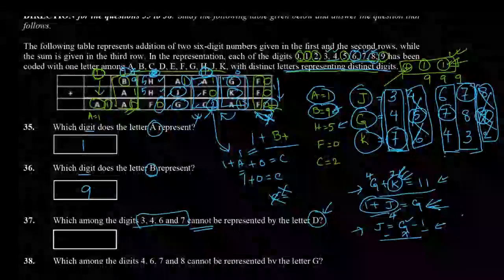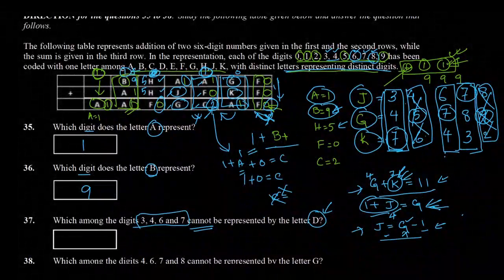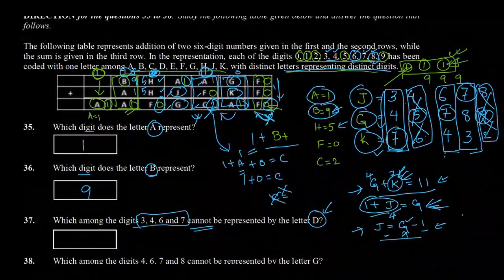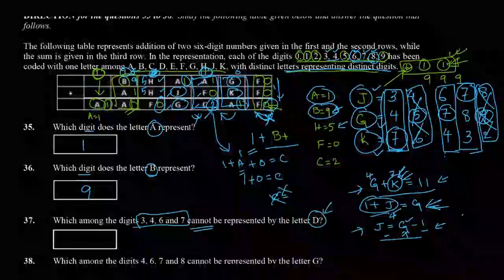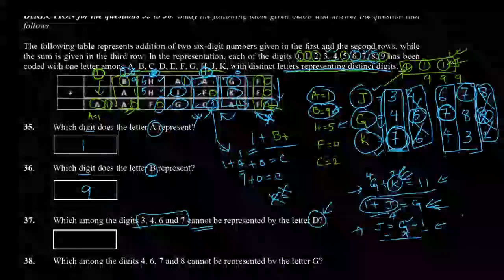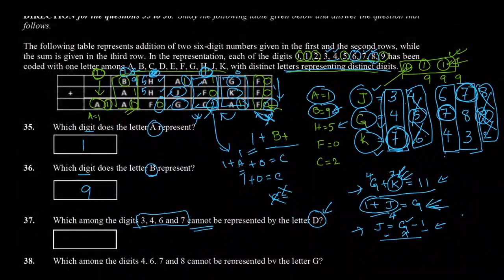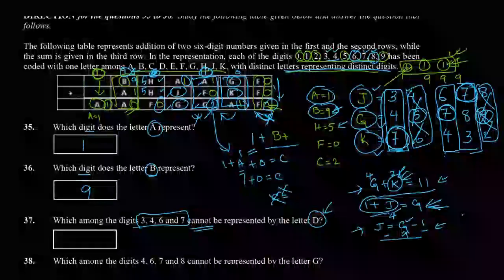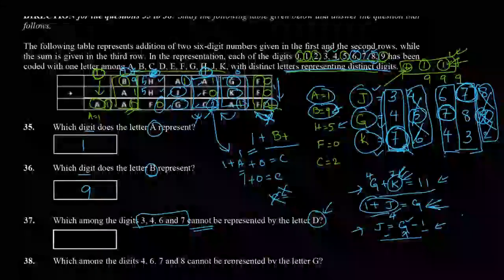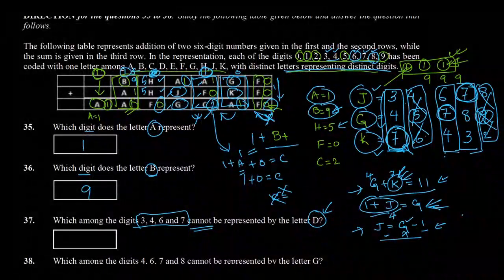So the number 7 can only be assigned to either k or g or j. So number 7 cannot go to any other alphabet.